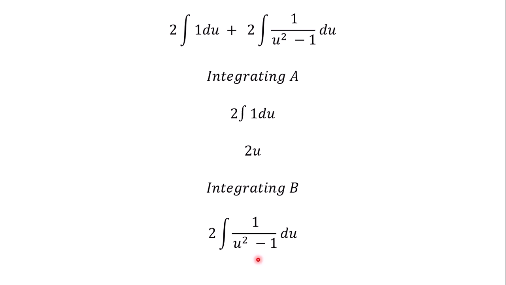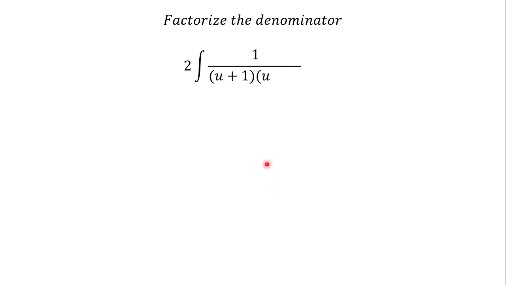Now when you factorize u squared minus 1, this is what you are going to get. u squared minus 1, where 1 can also be written as 1 squared, which is the same as 1.